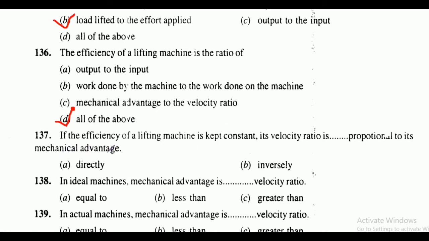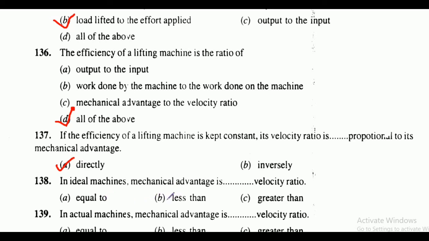Next is, if the efficiency of a lifting machine is kept constant, its velocity ratio is dash proportional to its mechanical advantage, directly or inversely. So here friends, answer is option A, that is directly proportional. Okay. Next is an ideal machine.